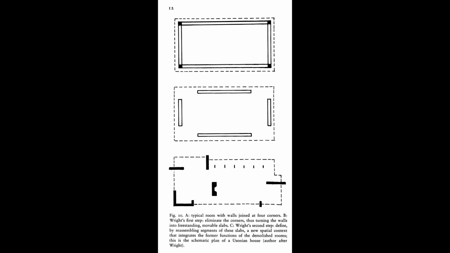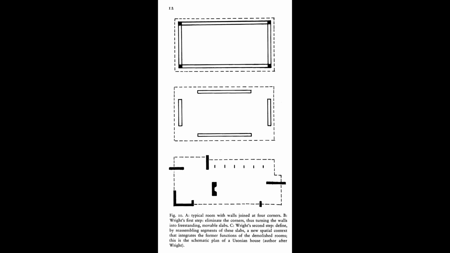Here's our typical diagram showing the support for a conventional home at the corners. The corners are removed, creating cantilevers, and then how far Wright could take that concept. You can see that the support elements are mainly isolated masonry piers or columns, extended short walls, but most of them are actually perpendicular to what would be the normal outside wall, and the spaces between them are mostly filled with windows.